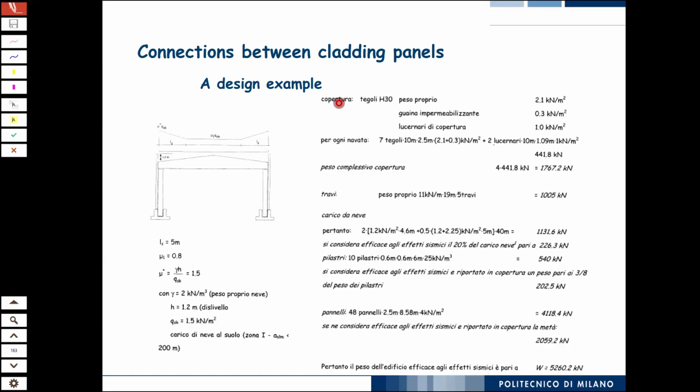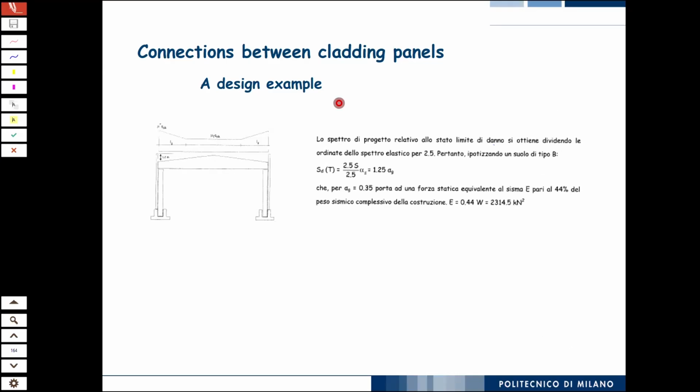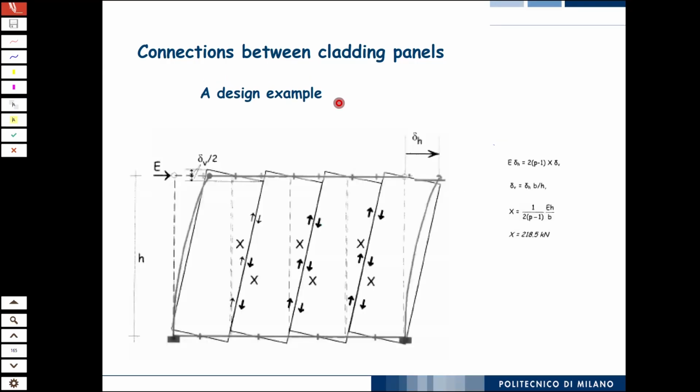And once more, we developed a simple design model. So we say, okay, we have a building, total weight of the roof, weight of the columns, snow load, and we end up with seismic loads. And this is the model that you can end up with. So you have the scheme of your element, you have your earthquake force, and you have a certain number of connections along the panel edges, which dissipate the force.